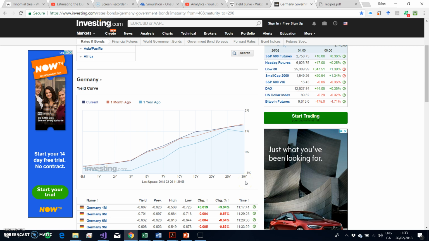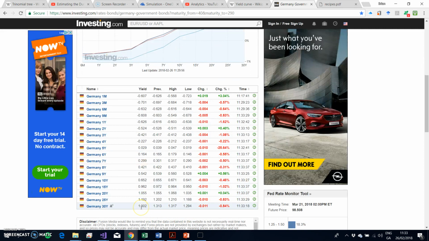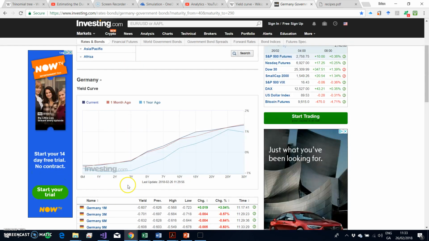It should normally be higher if interest rates are positive, and the rate of return is 1.3%. So the rate of return over that period would be 1.3%, which is historically quite low, almost artificially low.